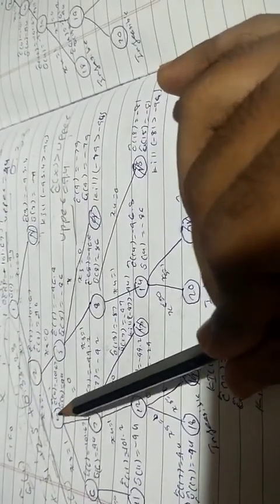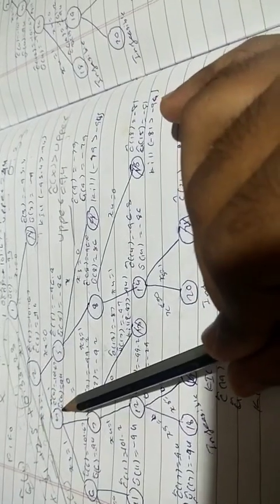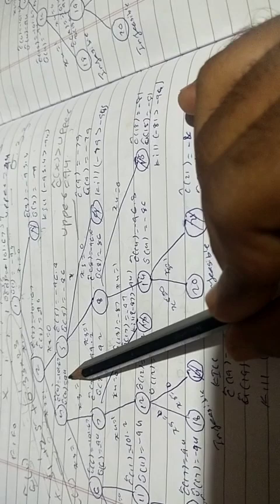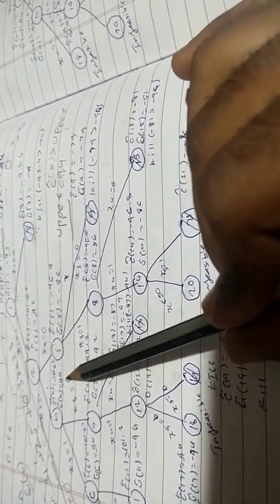Then suppose here 4 and 5, suppose upper cap of 4 equals 95, okay, minus 95.